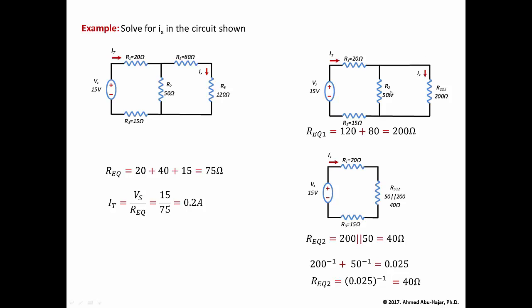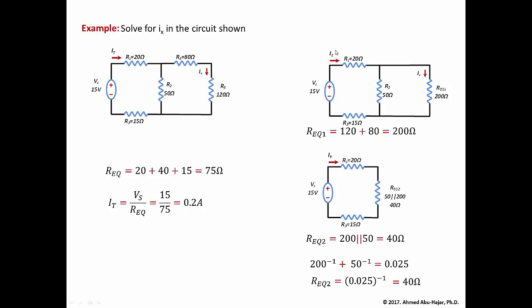Whenever I have two resistors in parallel, and I know the total current going through those two parallel resistors, which is I total, so the total current will go through those two resistors, then the current through this resistor, the 200 ohm resistor, by using the current divider concept, is basically the opposite resistor, which is the 50 ohms, over the sum, which is the 50 ohms plus the 200 ohms, times the total current, which is IT.